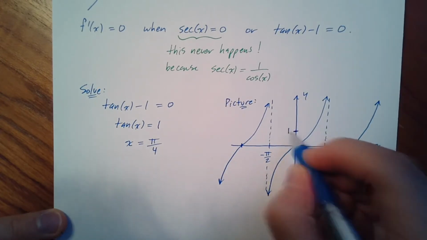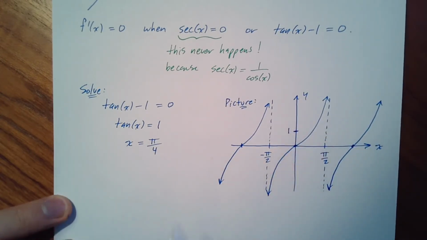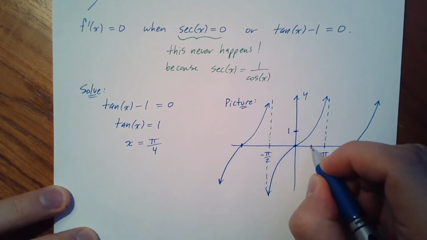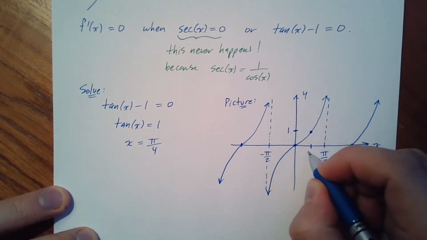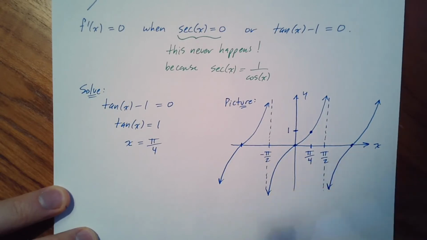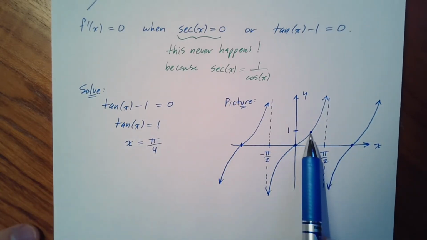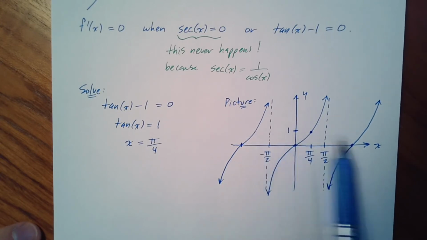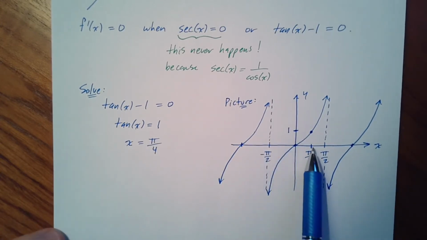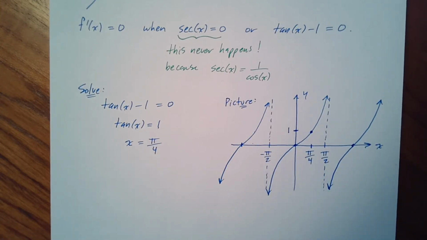If I draw the number 1 there on the y-axis, what we've found is one solution to this equation, tan of x is equal to 1. This is one place where it happens, but there are other places as well. If I want the other places, I can just take pi over 4 and add any multiple of pi, and I will get all the other places where tan of x is equal to 1.